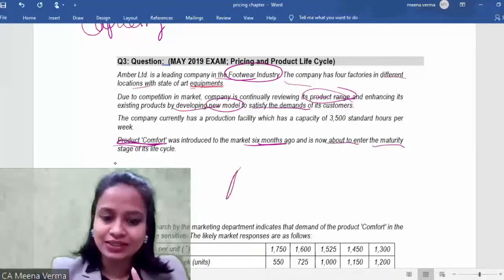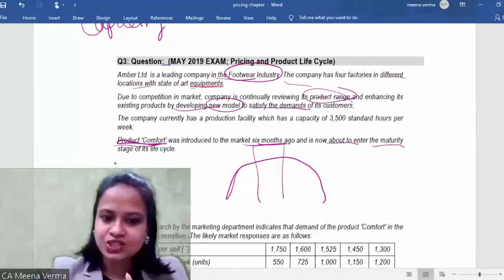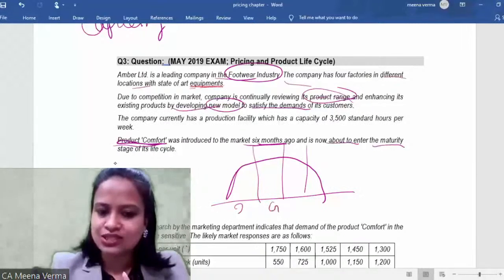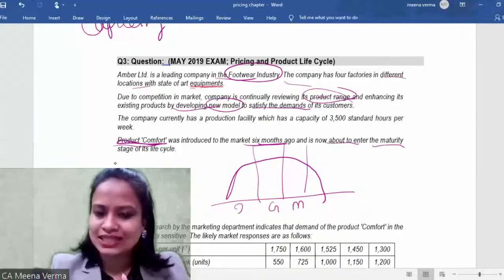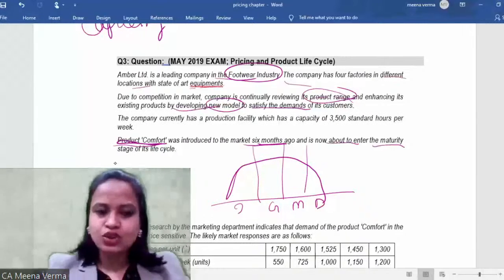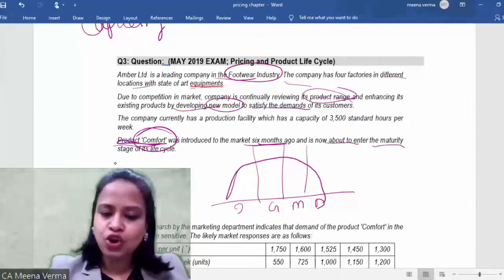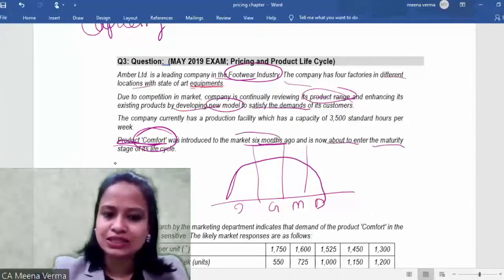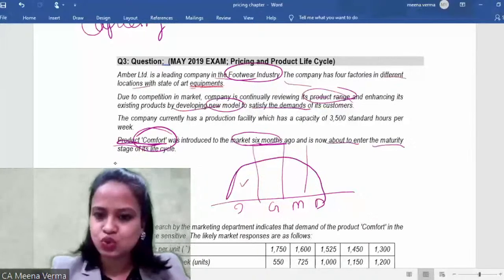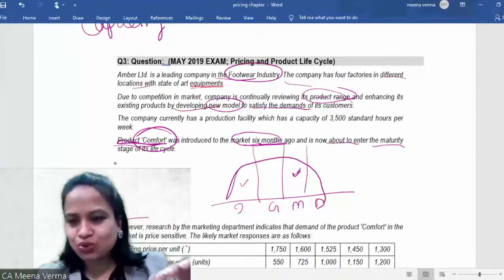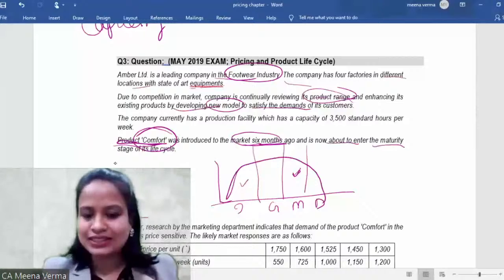Okay, remember we have the stages. First is the introduction stage, then growth stage, then maturity stage, then decline stage. So this product comfort has reached the maturity stage within 6 months. This product was introduced 6 months back. Now it has reached the maturity stage. I hope you know this because I didn't teach you this chapter.